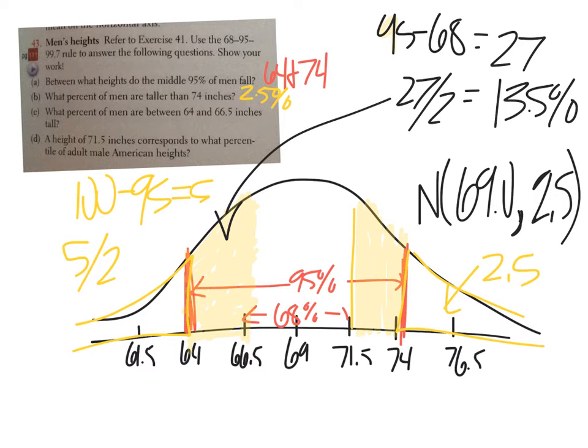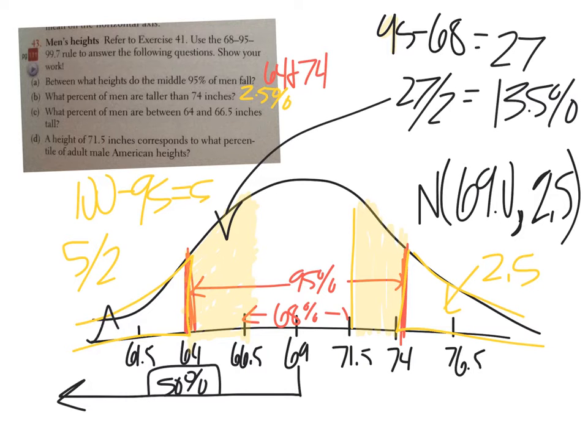Then the last one is: a height of 71.5 corresponds to what percentile of adult male American heights? There are a couple different ways to do this. I sometimes like to consider the fact that the mean always lies in the middle. I know this is getting really messy, hopefully you can follow. From here over is 50%.